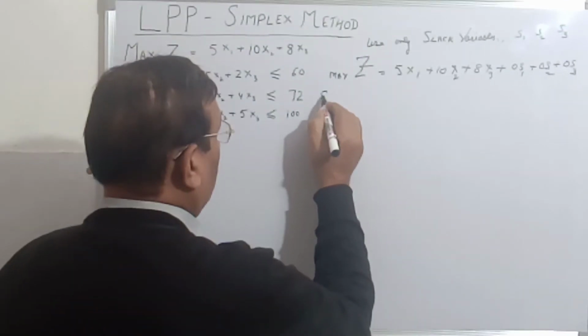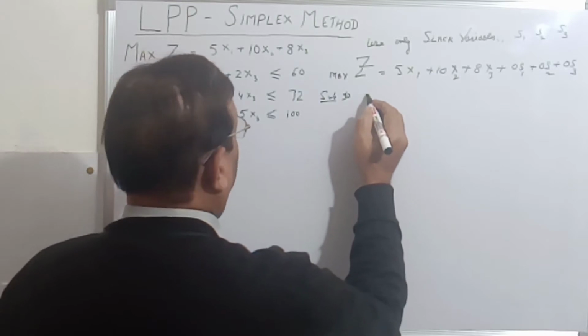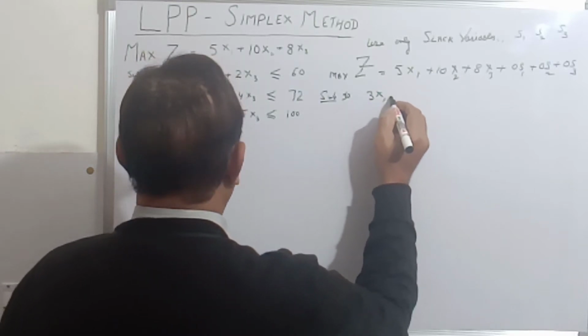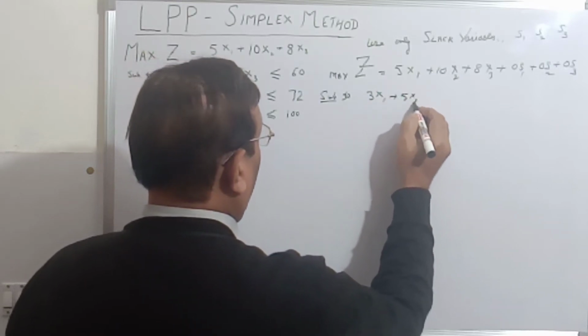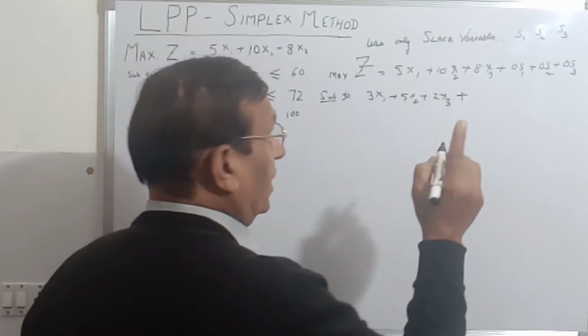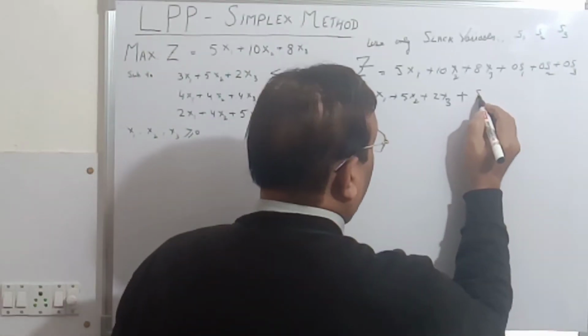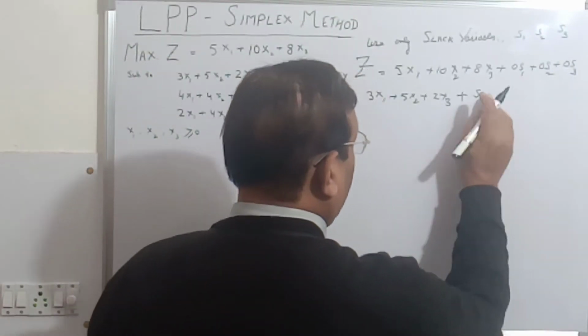Subject to the first equation 3x1 plus 5x2 plus 2x3. In the first equation S1 is used with 1 coefficient, means only S1.